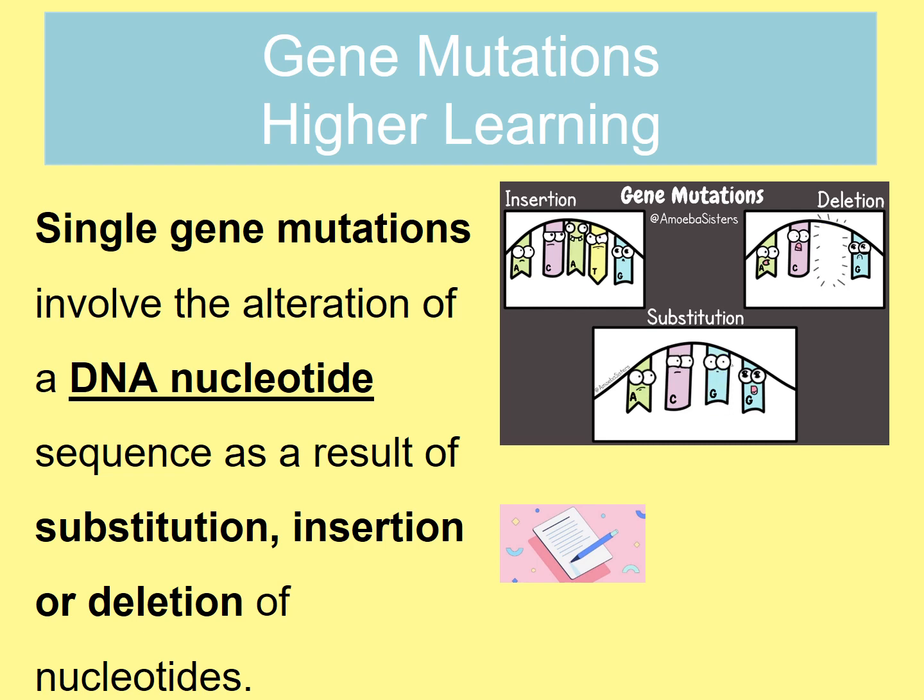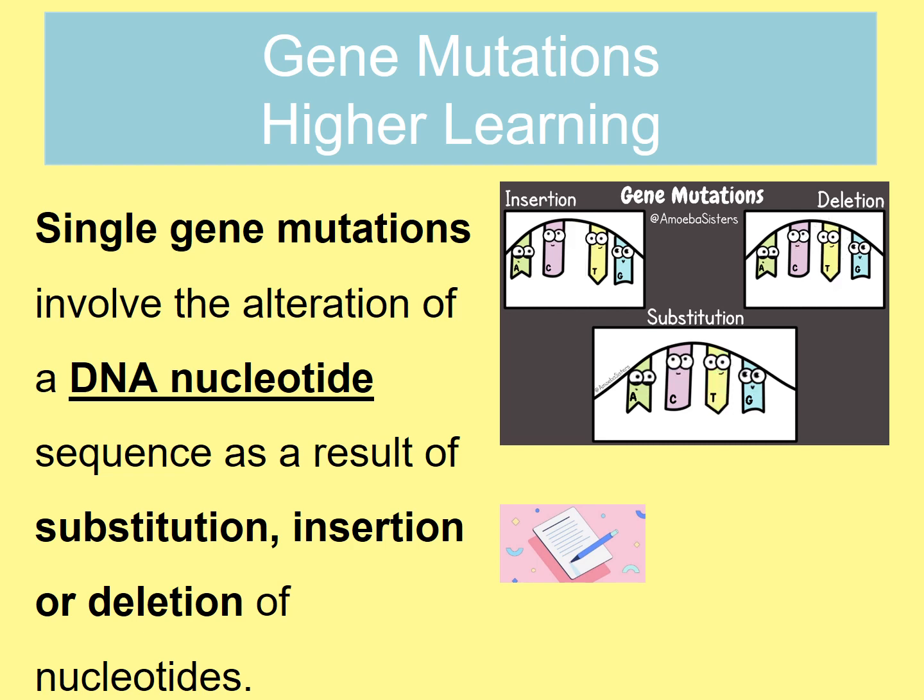We're going to concentrate in this PowerPoint looking at just single gene mutations. Now, single gene mutations involve an alteration of a nucleotide sequence in the gene's DNA. We refer to them as being a point mutation, as these are a type of single gene mutation that involves a change in one nucleotide in the DNA sequence of the gene.